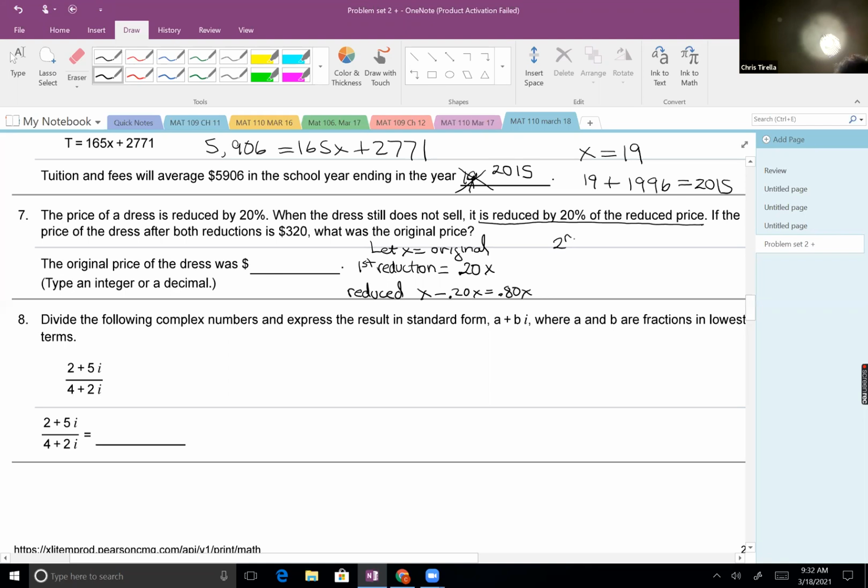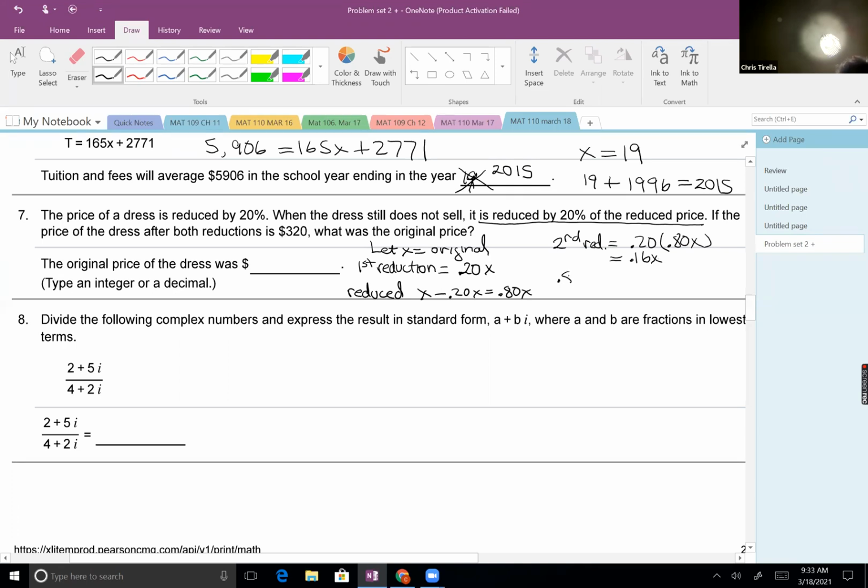So that second reduction would be 20% of that sale price, which would give me 0.16x.